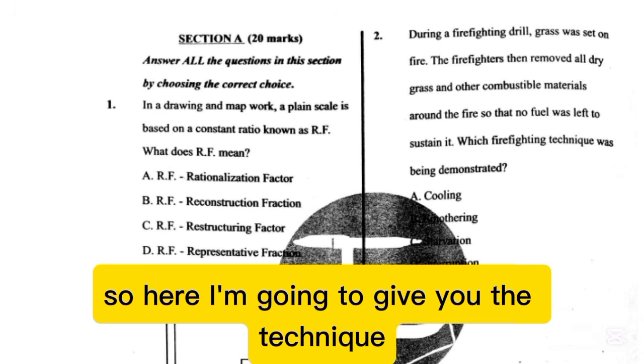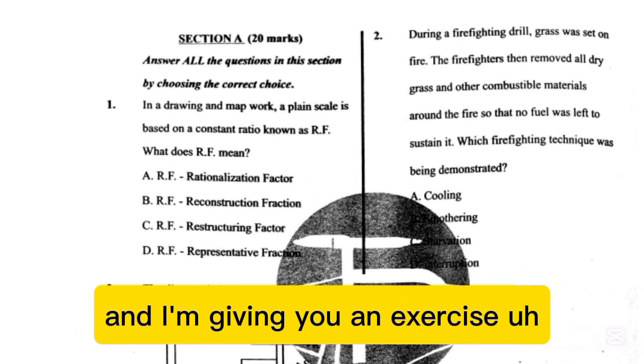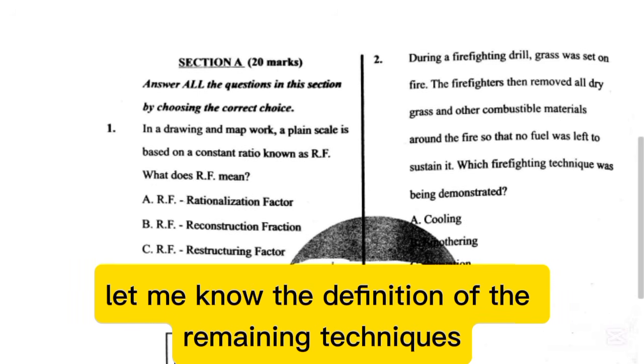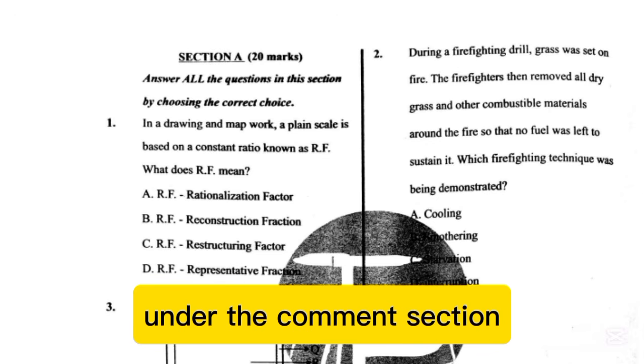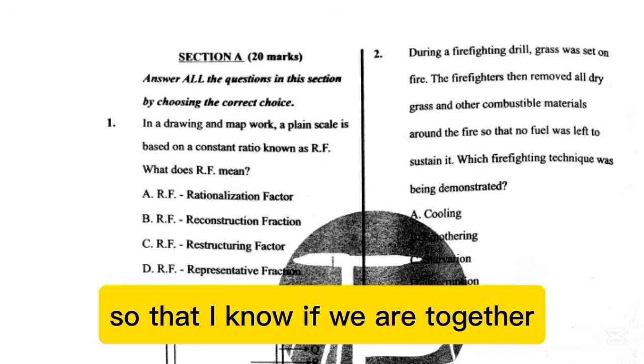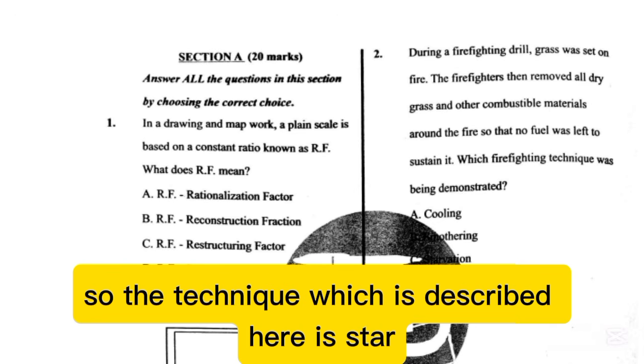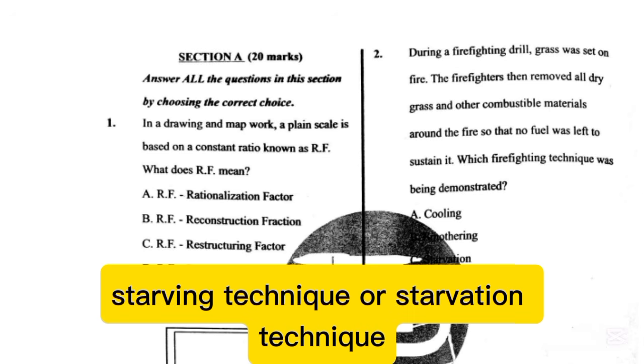So here I'm going to give you the technique that has been explained here, and I'm giving you an exercise. Let me know the definition of the remaining techniques under the comment section so that I know if we are together. So the technique which is described here is starving technique or starvation technique.